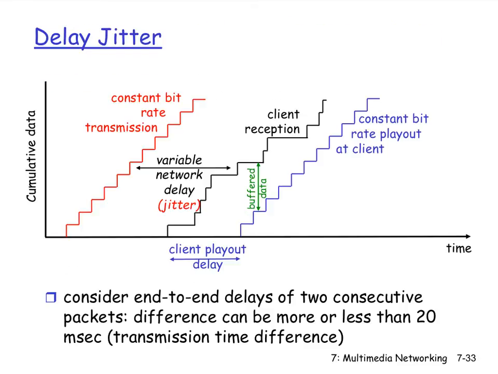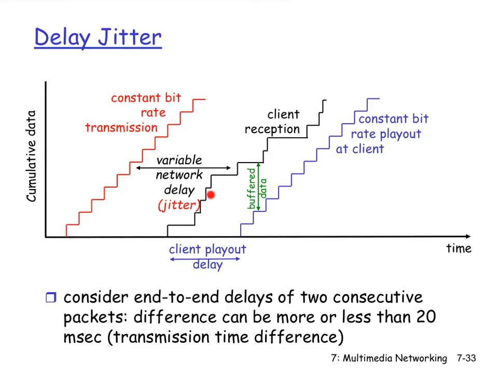So this is again the famous scenario, assuming that we have uncompressed audio, which means that the data is generated using constant bitrate. So every fixed amount of time, you have another audio chunk of data.